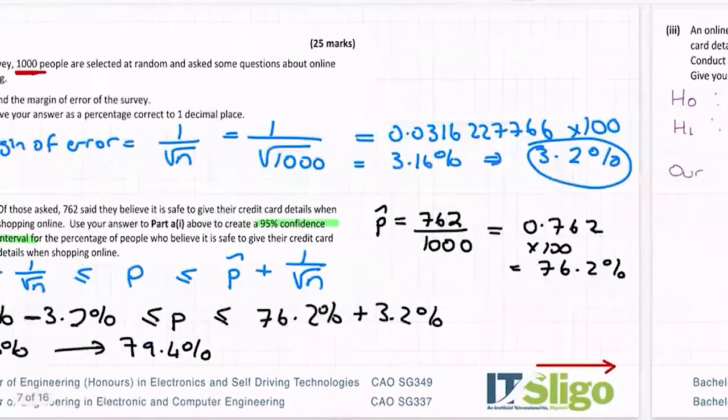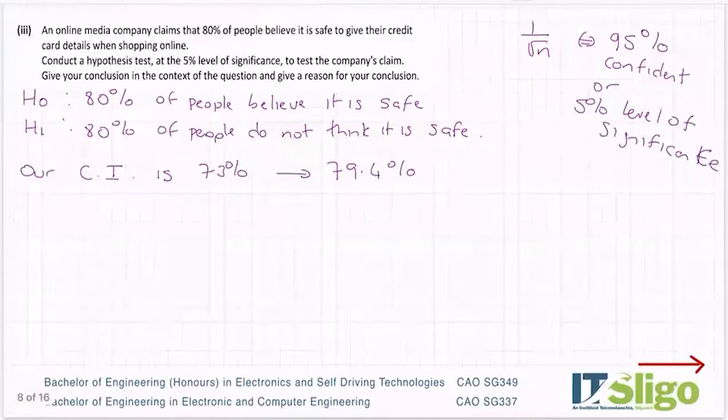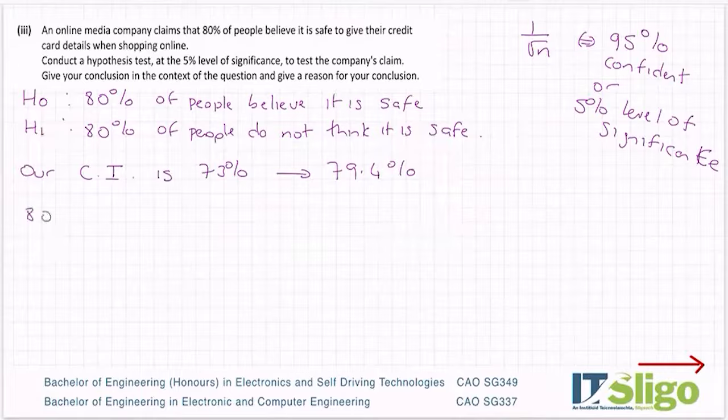If they hadn't asked part 2, you would have done that work here. But it's already done, so we just take down our confidence interval. So my conclusion then, 80% does not fall within the confidence interval established above.